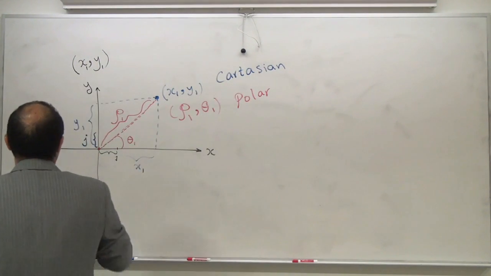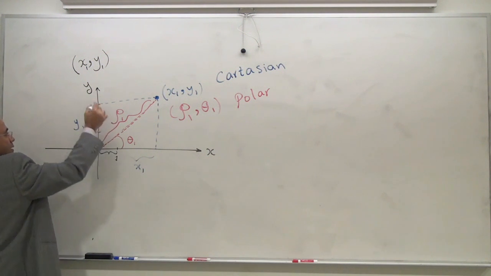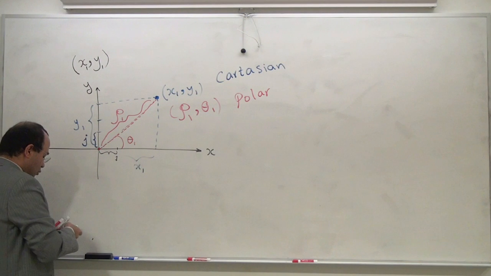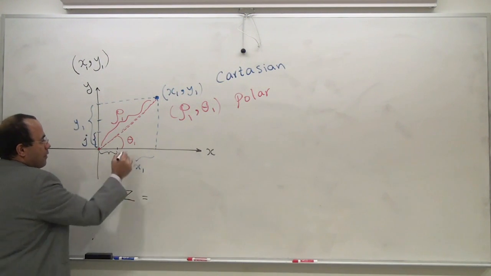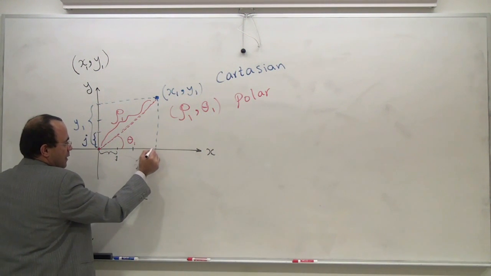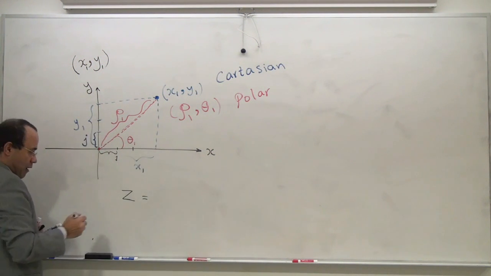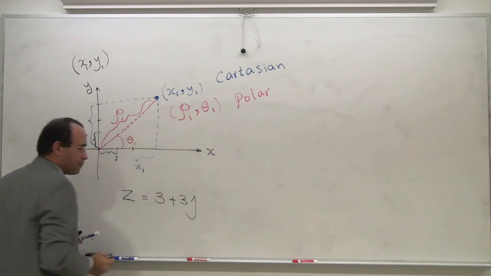So when I say you have 1, 2, and 3, this is going to be 3j. My number now is going to be represented as z equal to, for example, 3x and 3y, so it's going to be 3 plus 3j.